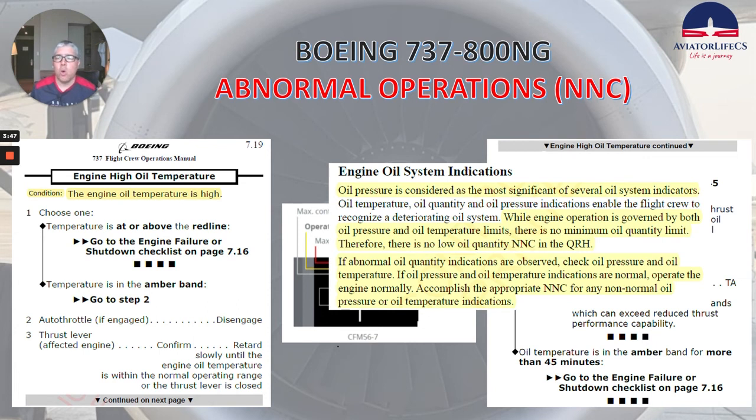Therefore, there is no low oil quantity non-normal checklist in the QRH. If abnormal oil quantity indications are observed, check oil pressure and oil temperature. If oil pressure and oil temperature indications are normal, operate the engine normally. Accomplish the appropriate non-normal checklist for any non-normal oil pressure or oil temperature indications.